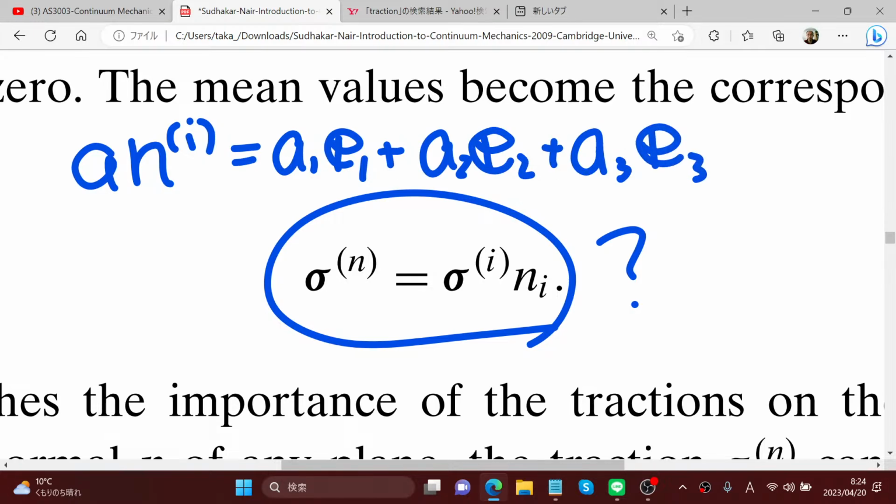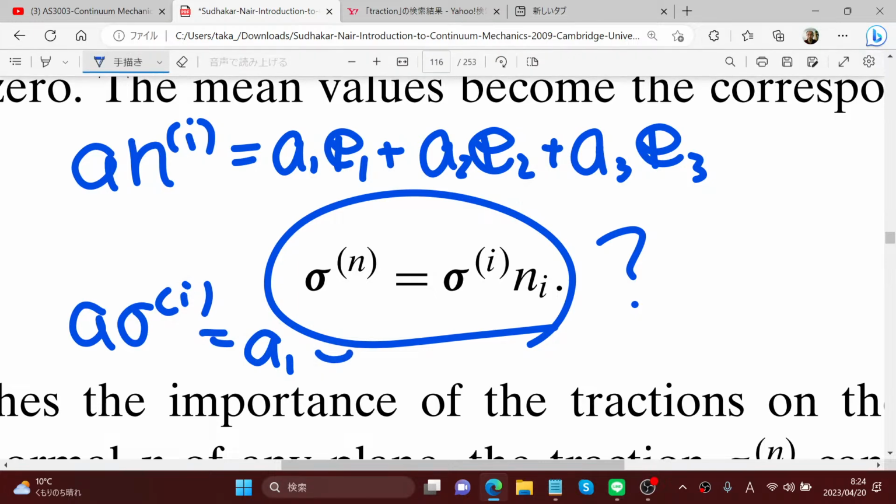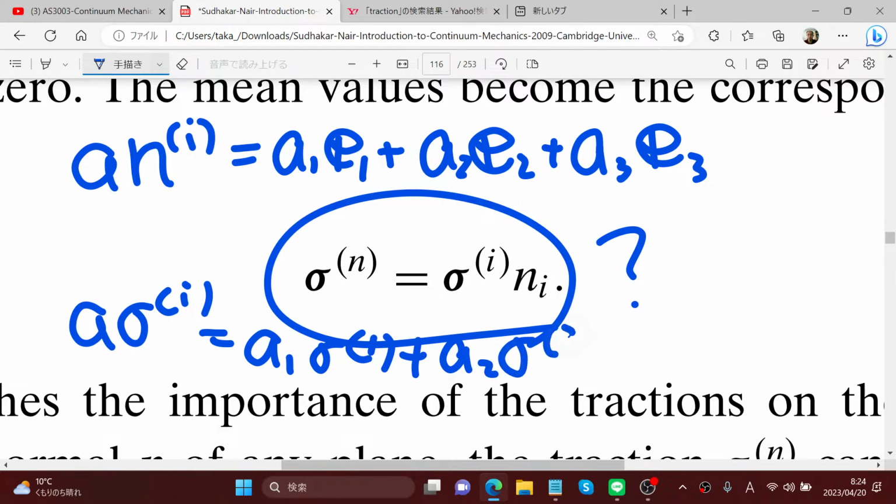Okay. Then we also have the other one, a sigma n, this is a1 sigma 1 plus a2 sigma 2 plus a3 sigma 3.